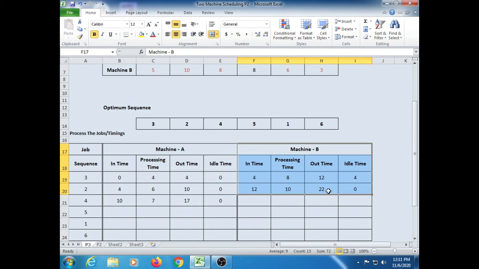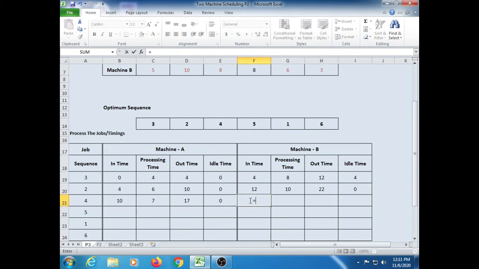At the 22nd hour machine B will become free, but at the 17th hour machine B is not ready to perform the 4th job. So what do we have to do?